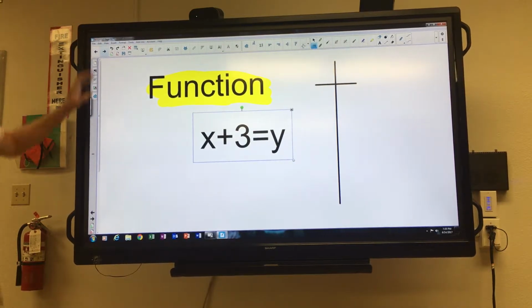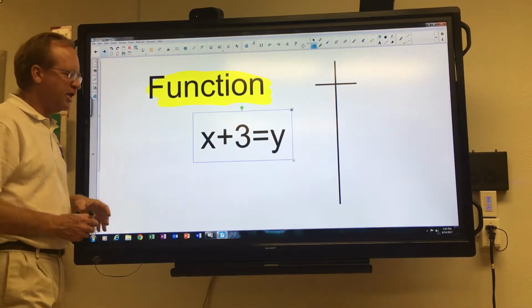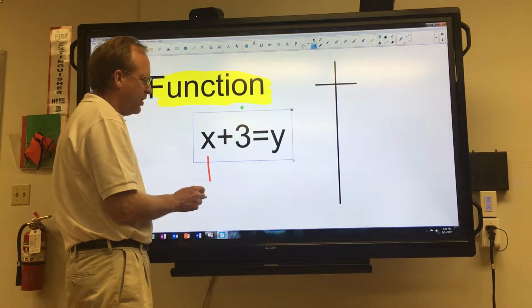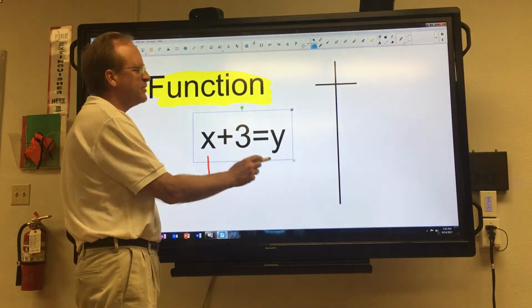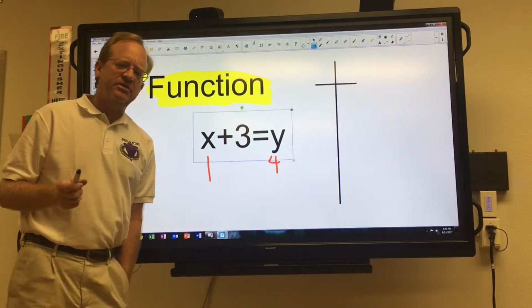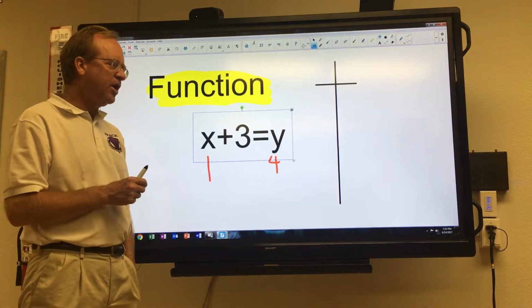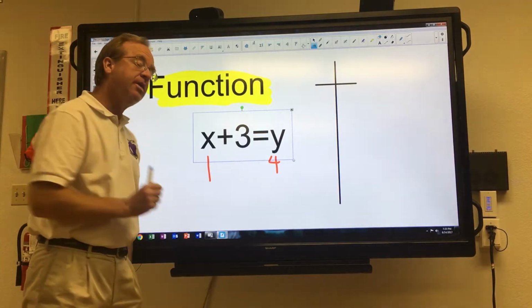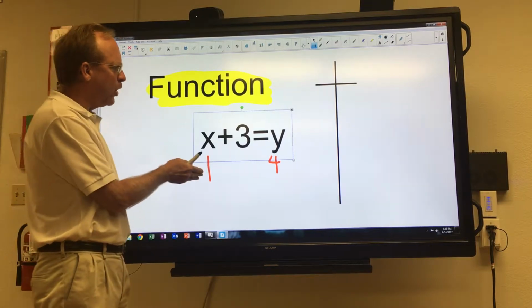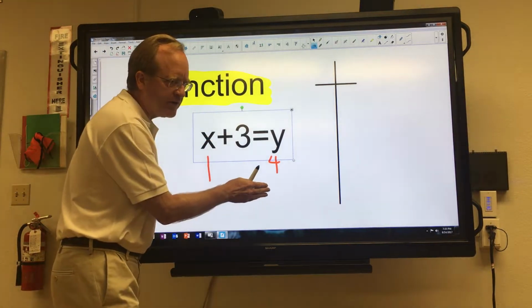Now, a function is an equation, and it's kind of special in that if you put in a number, there's only one possible outcome out the other end. I know that sounds obvious, but there are some where you could put in a number and you can actually come out with 2 answers, and we'll do those a little later. But you can see, if I put in a 1 here, there's only one thing that's going to come out, it's a 4.